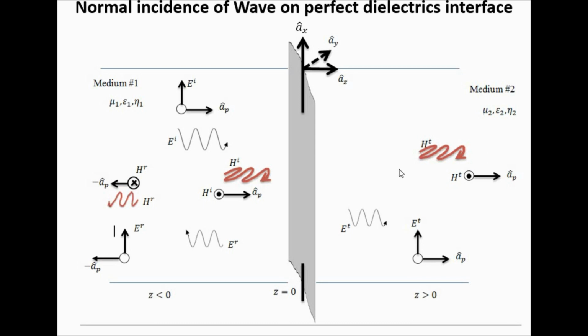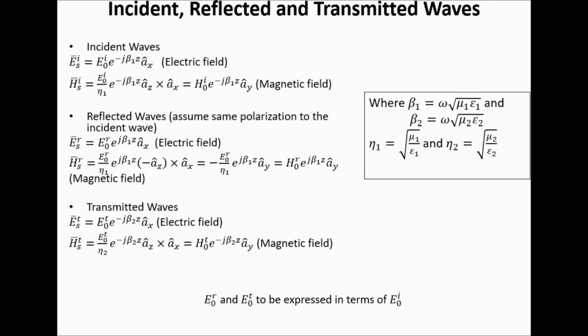So there are 6 waves. You have to use either 6 line diagrams or 6 simple diagrams: 4 in medium 1 and 2 in medium 2. So now, incident, reflected, and transmitted wave.